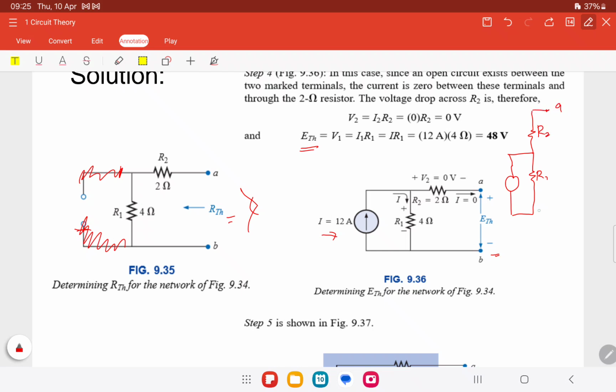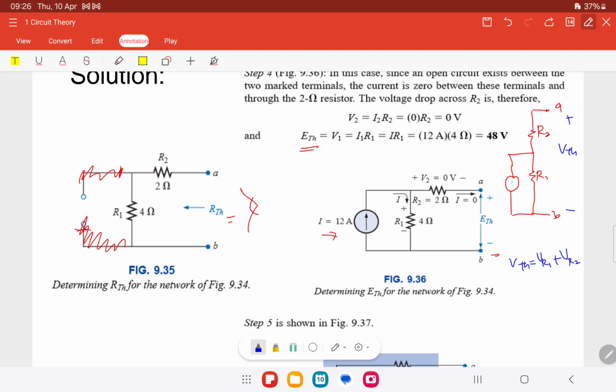This is A. This is B. VTH kat sini. Betul tak? VTH equals to VR1 plus VR2.